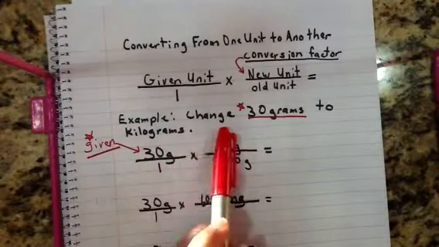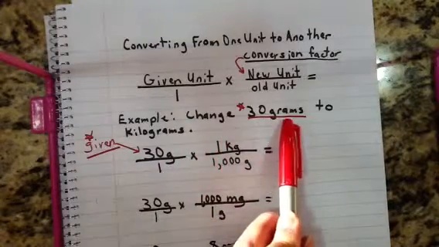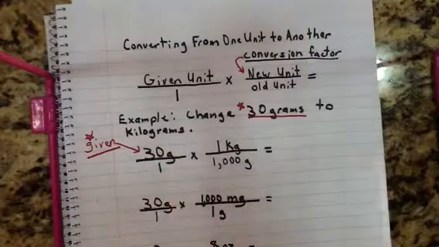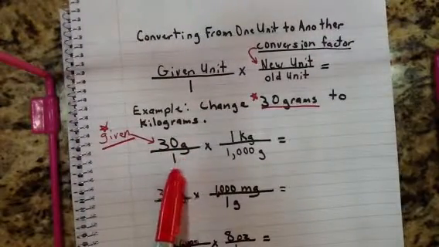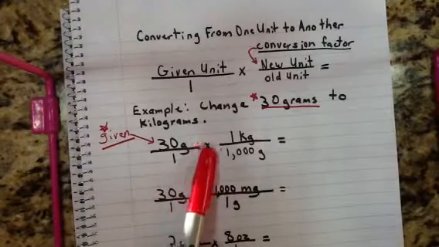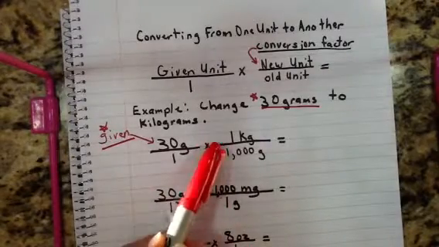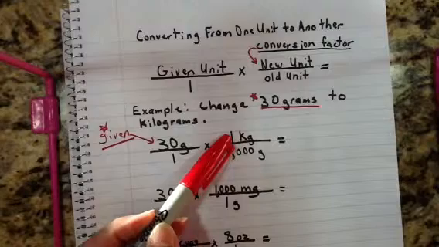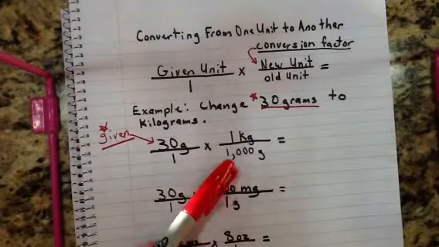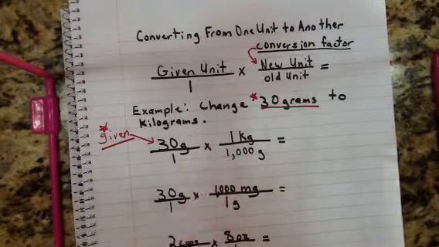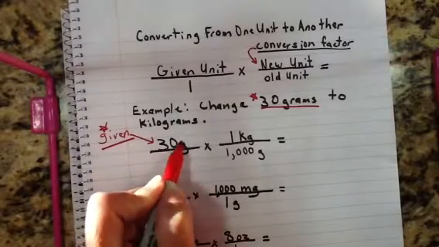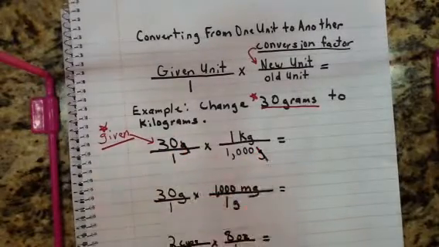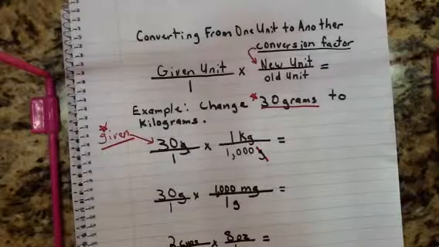Let's say that you want to change 30 grams to kilograms. Okay, so we were given 30 grams. I put that over a 1. I times it by, what's the conversion rate? 1 kilogram to 1,000 grams. Okay, so what I do with that is I can now cross-cancel my gram unit.